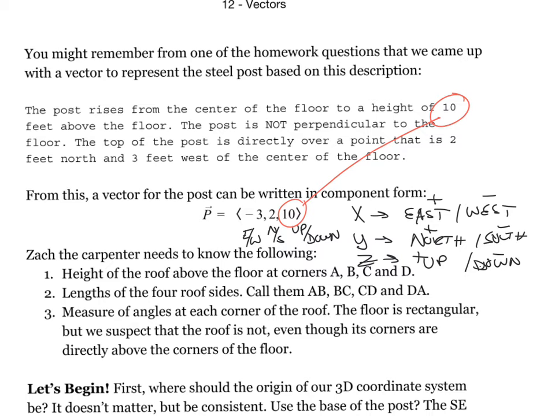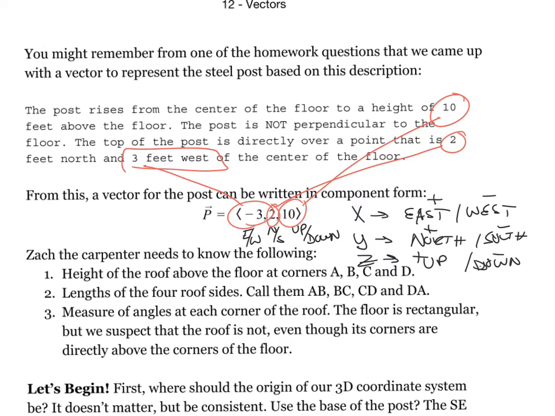So that's the z-axis direction. The 2, which is the north-south component, comes from this piece of the description, and the negative 3 comes from that piece, 3 feet west of the center of the floor. So that's how we get all three components of that vector.